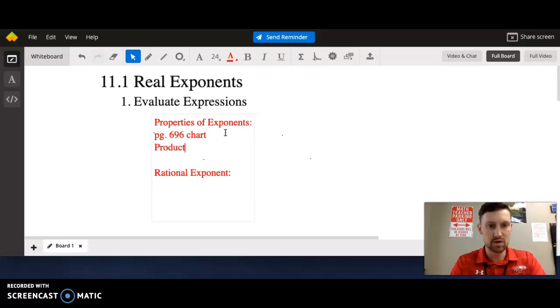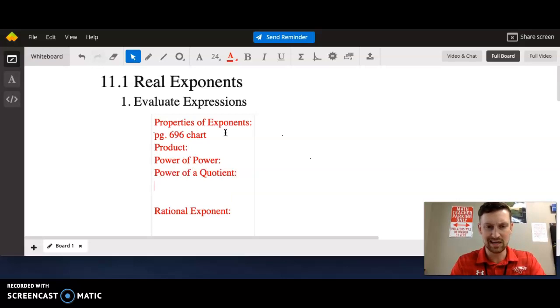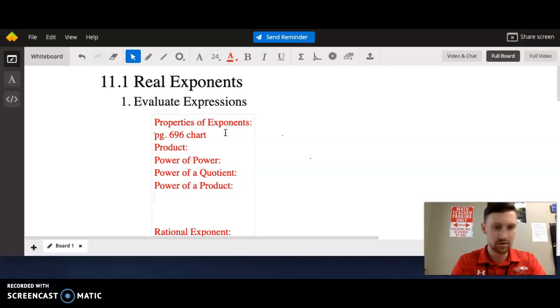What is the product property? What is the power of a power property? Power of a quotient. So I'd probably just jot these titles in your book and then a quick summary. You can pick what summary you want to use from the book.